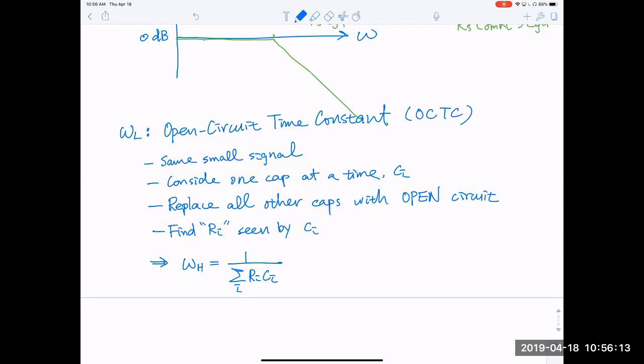That would be your high cutoff frequency. It's kind of superposition. Can we look at the effect of this capacitor being charged? How much time does it take to charge this capacitor? RC is the time. And how much time does it take to charge the second capacitor, and the third capacitor? And then you add up all the time together. So this is effectively saying we sum up all the RC charging time, tau.